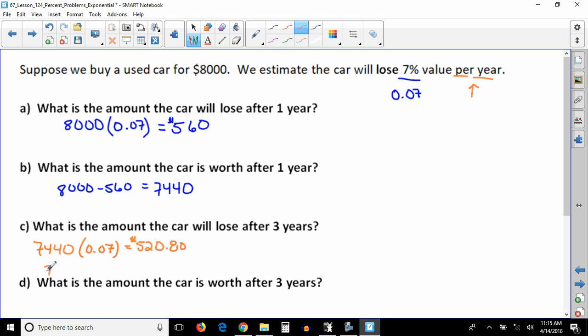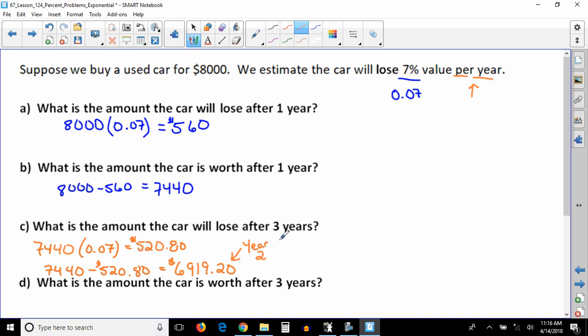Now, when I take 7,440 minus 520.80, that's going to equal 6,919.20. Now the problem is this is year 2.